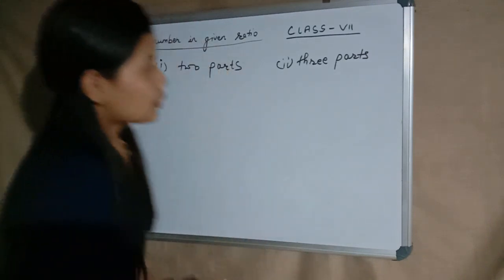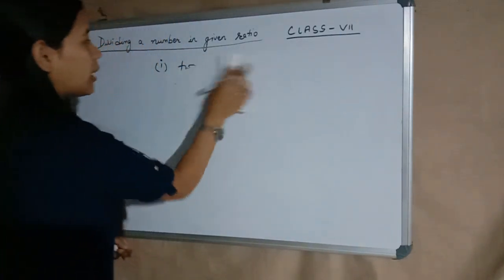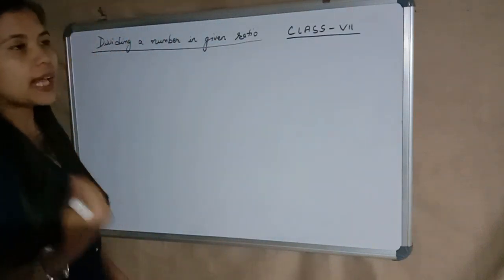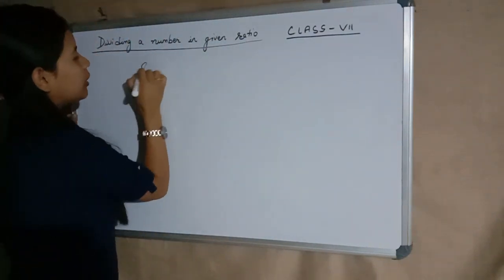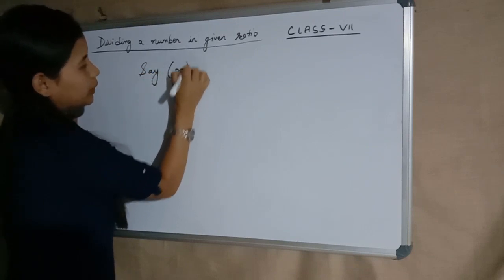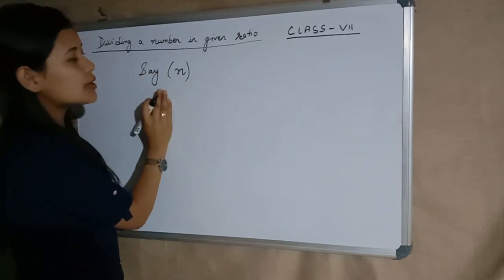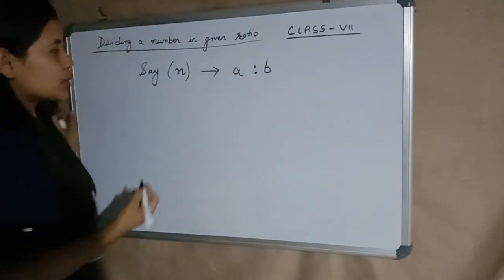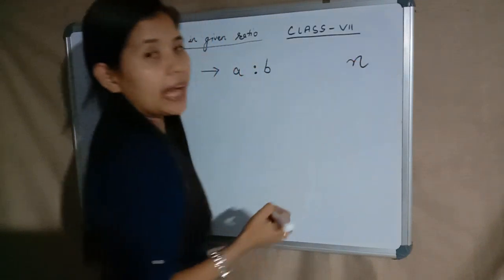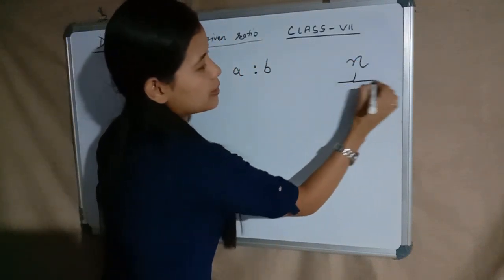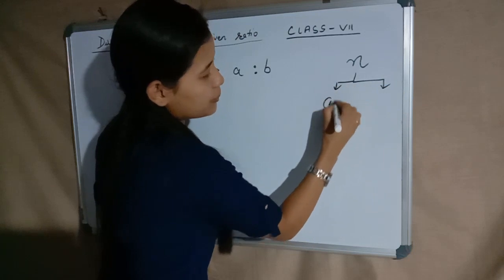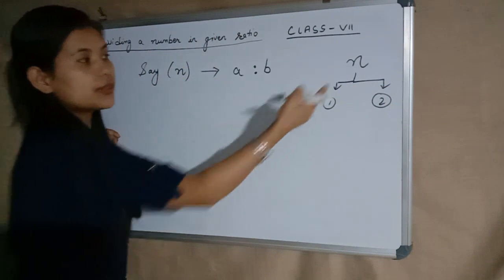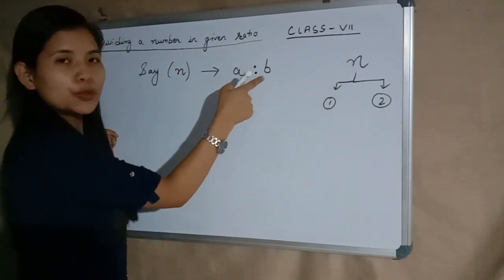First of all, let us see how to divide a given number in a certain ratio in two parts. Suppose there is a number n. I want to divide this number in a ratio a is to b. So this number n, I am dividing it into two parts. I'll get a first part and a second part, and the ratio in which we need to divide this number is a is to b.